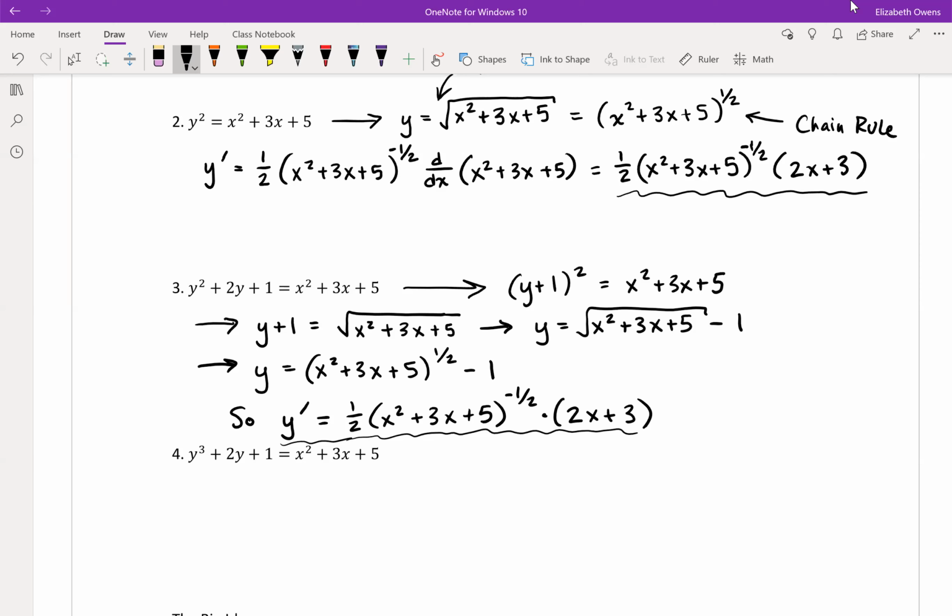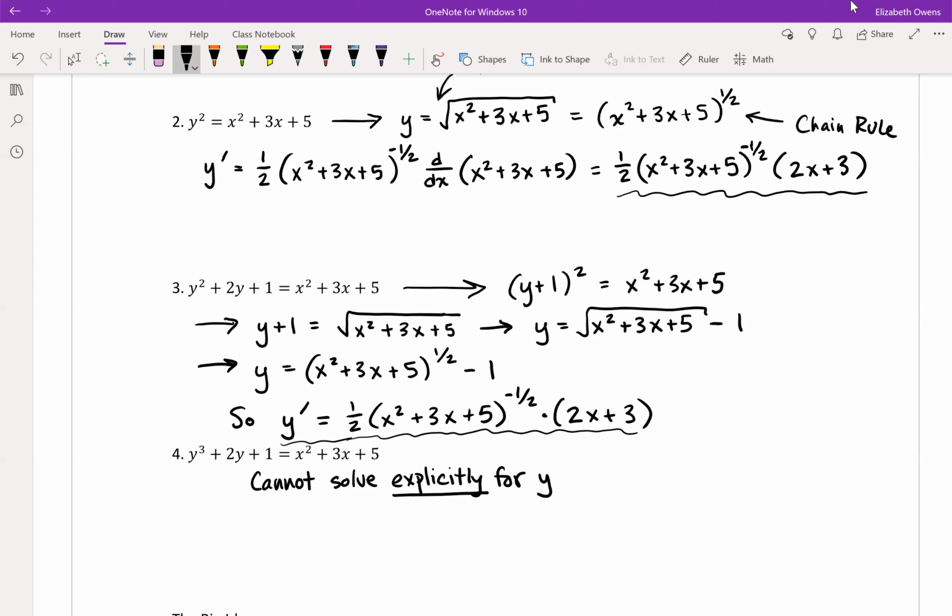So this type of thing, we say we cannot solve explicitly for y. Okay, so explicitly is kind of a new term here, and that's not like parental guidance type stuff.